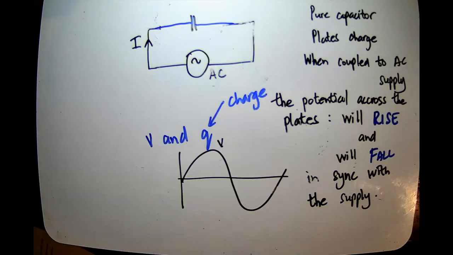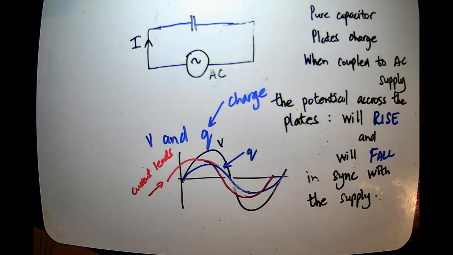Right, so V and Q, notice Q is the charge. So if we have V there, the voltage always starts at 0, and then we have our Q. So our Q, our charge, will be in phase with the rising and the falling. And then we have the current. The current will lead by 90 degrees with the capacitor.